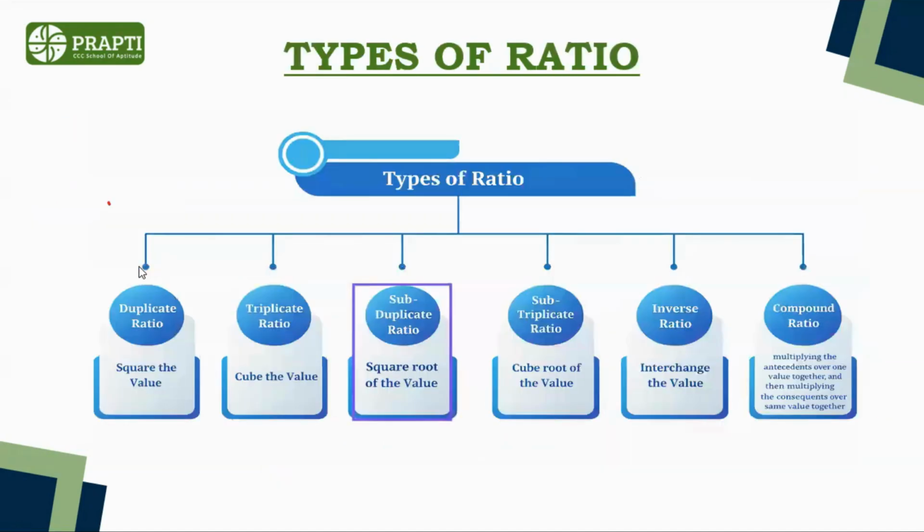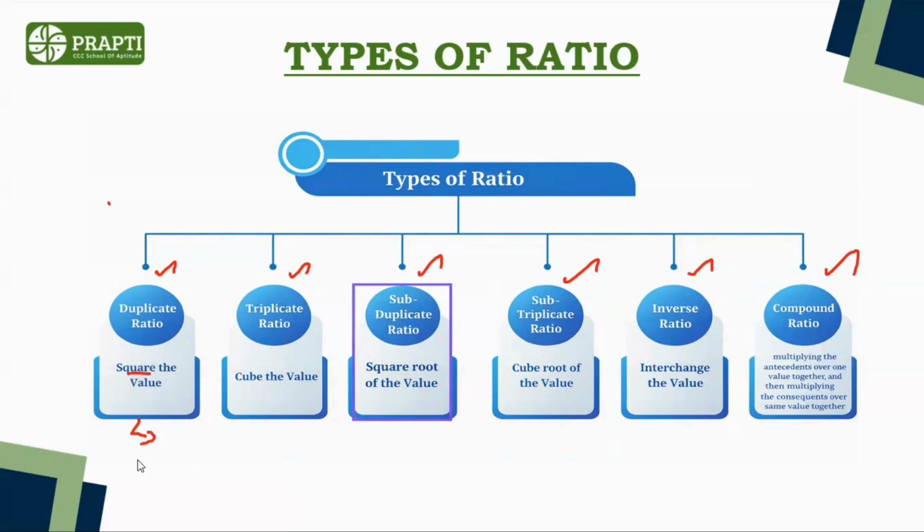When it comes to ratio, you will have types such as duplicate ratio, triplicate ratio, subduplicate ratio, subtriplicate ratio, inverse ratio, and compound ratio. These are the types we have in ratios. See, duplicate ratio is nothing but squaring the value.